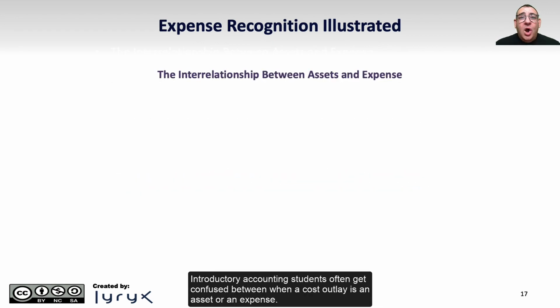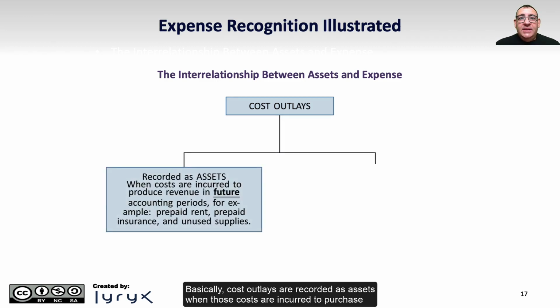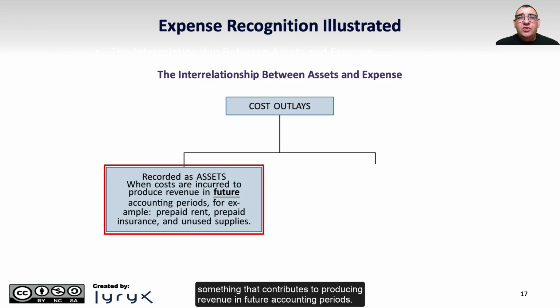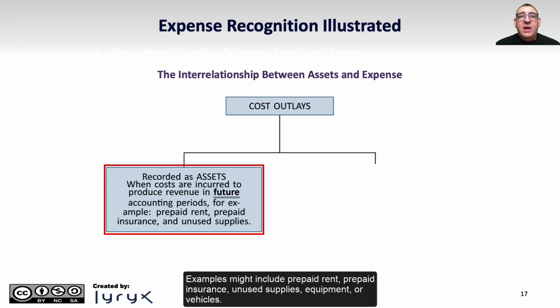Introductory accounting students often get confused between when a cost outlay is an asset or an expense. Basically, cost outlays are recorded as assets when those costs are incurred to purchase something that contributes to producing revenue in future accounting periods. Examples might include prepaid rent, prepaid insurance, unused supplies, equipment, or vehicles.